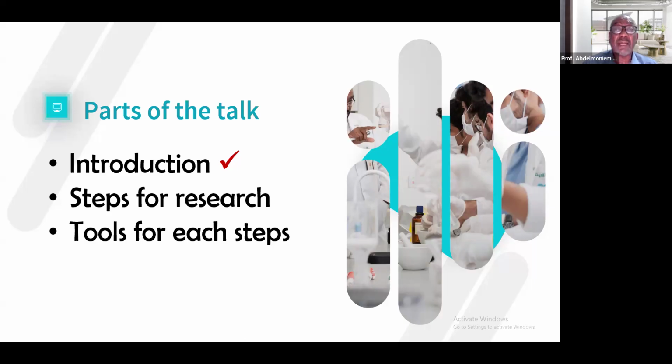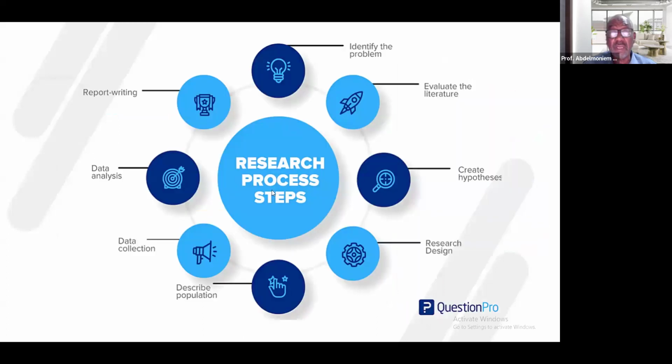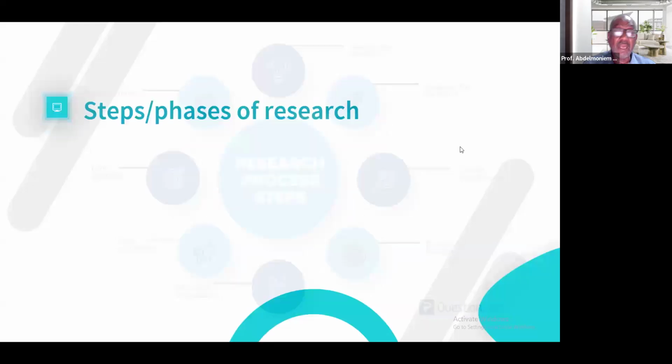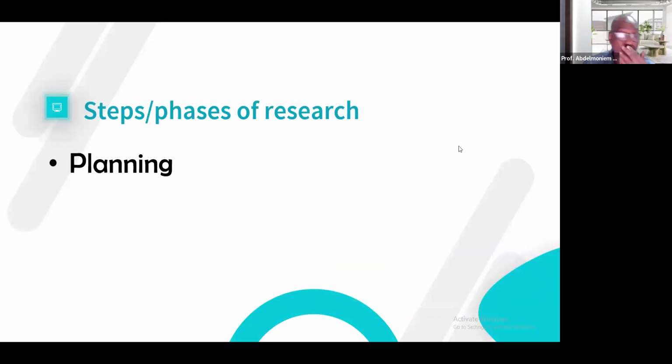Now, just a reminder, just for organization purpose, we're going to review the steps for research. And you all know how research starts and how it ends, and there are many infographics like this describing the steps of research. But my talk is organized around the new division of research, and the simplest steps of research are the 4 steps.